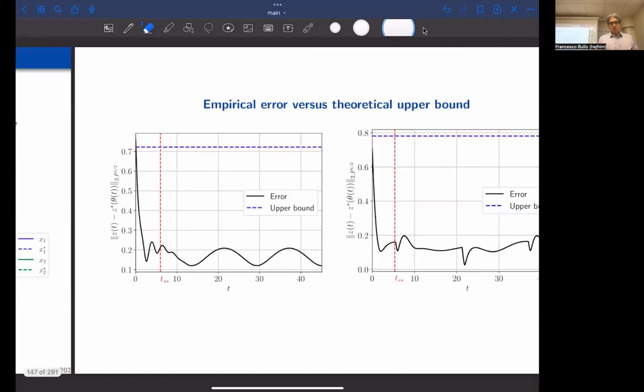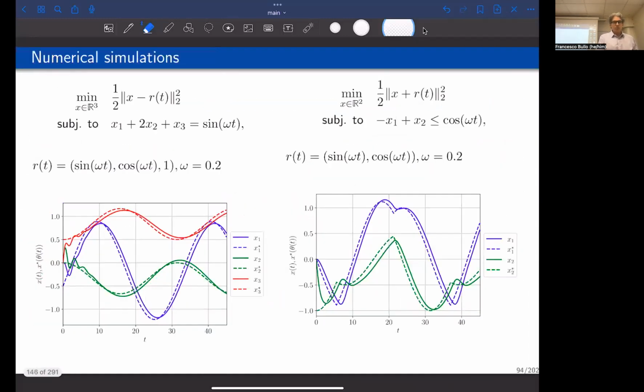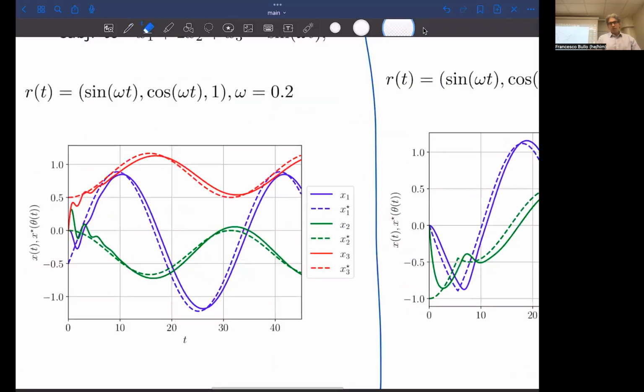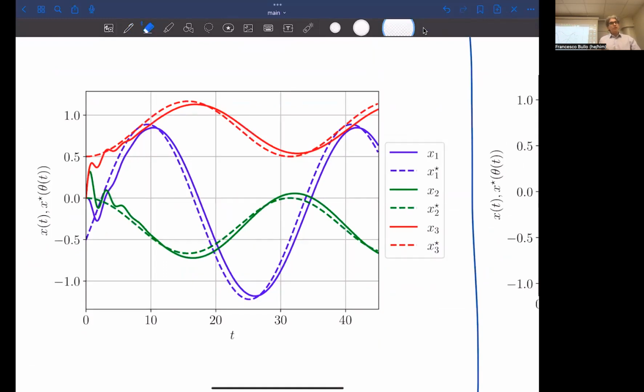I have two pictures here. I have two optimization problems. One is an equality constraint. The other one is the inequality constraints that I did not show you the dynamics for. I have plots of the equilibrium trajectory in Nash and the actual solution of the ODE in solid. So what do you see? You see that the red solid curve exhibits a little bit of oscillations, and then it tracks, right?